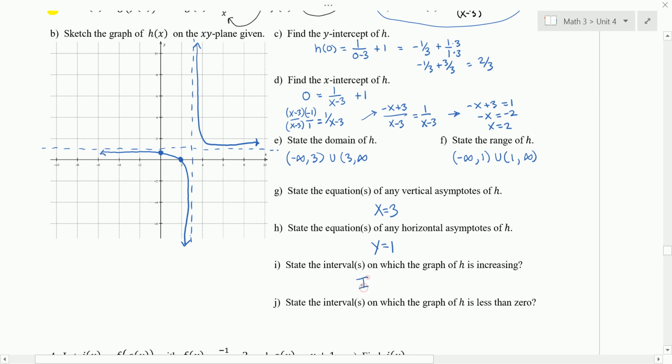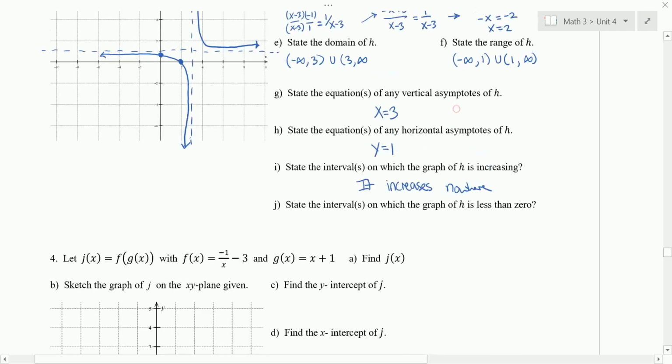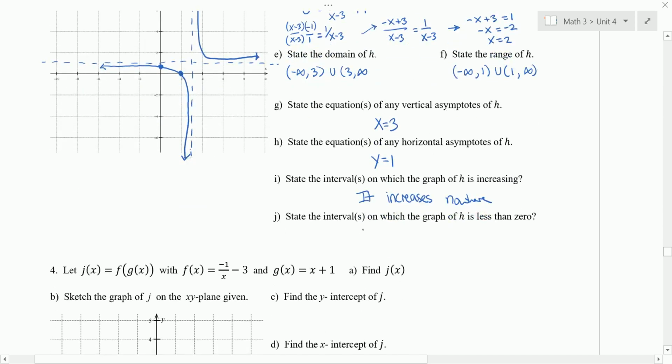So it increases nowhere. State the intervals on which the graph of H is less than 0. So it's less than 0 right after it passes its x intercept, so from 2, right after 2, up until 3.